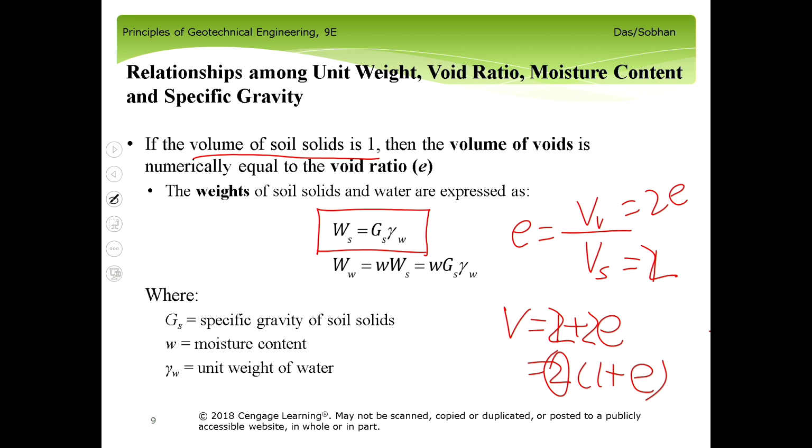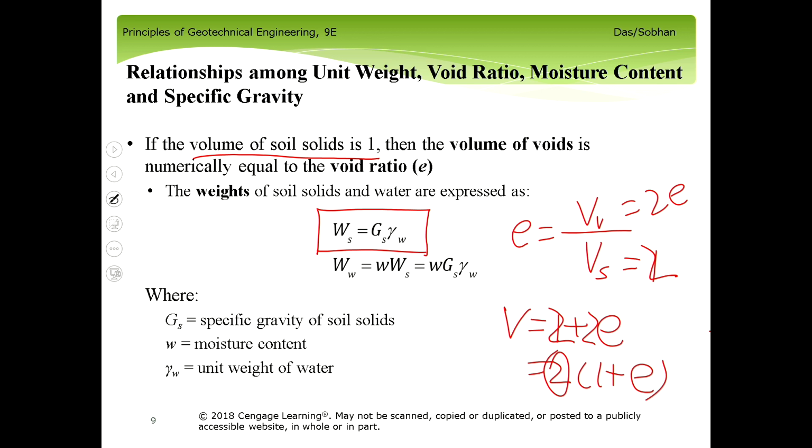It is just a constant value of a specific soil. For this relationship, you just need to remember it, because we introduce a new definition in here, and later you will know what is specific gravity of soil solids.